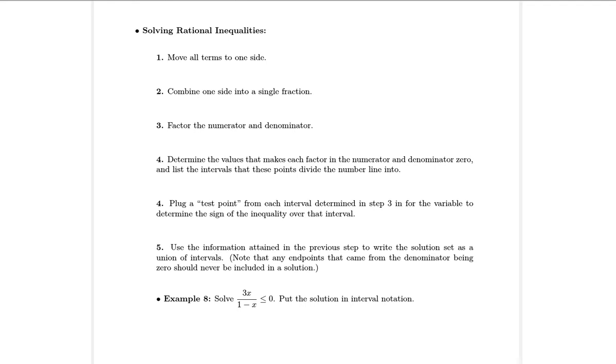It's just like the diagram we used with polynomial inequalities, except now we're going to have not only zeros but vertical asymptotes as well. Then we plug in a test point, just like before, and use that information to write the intervals that give us the desired result.